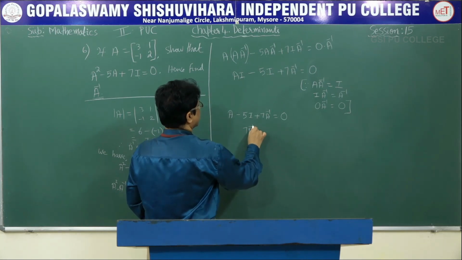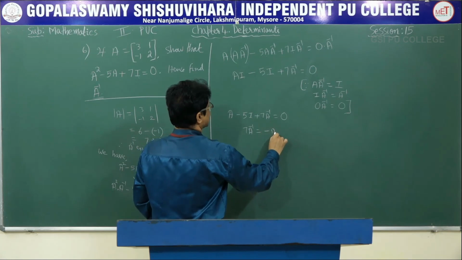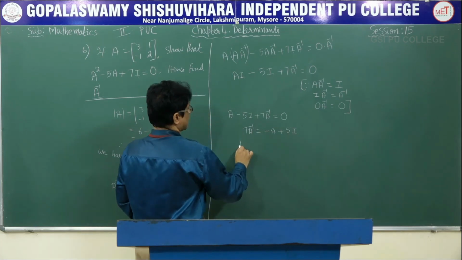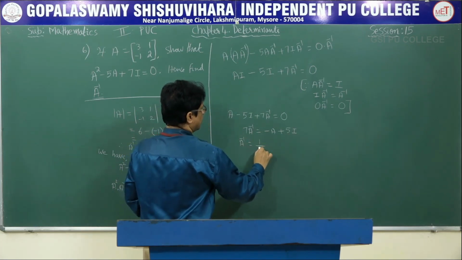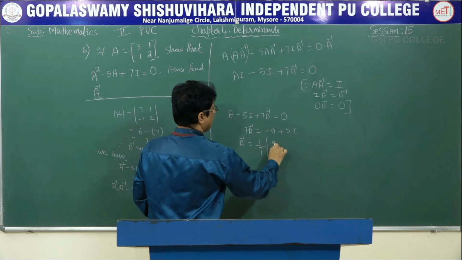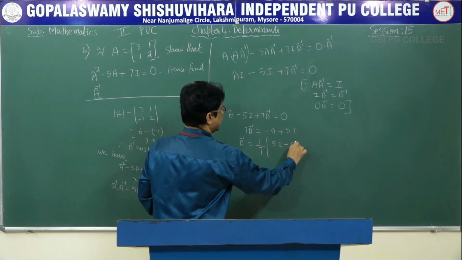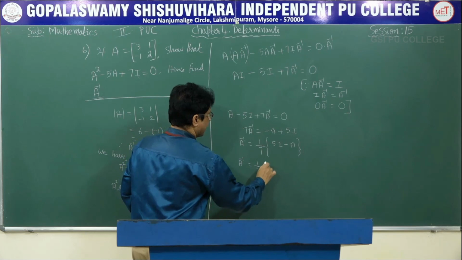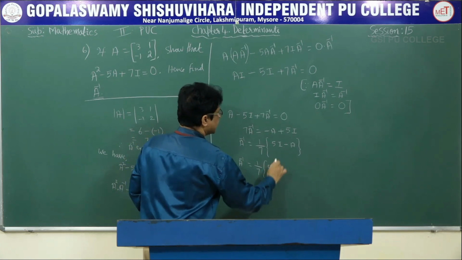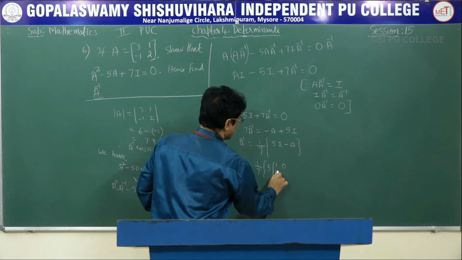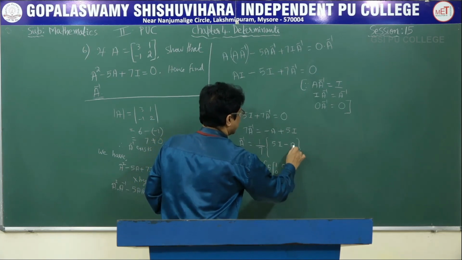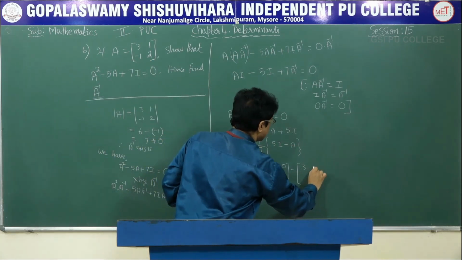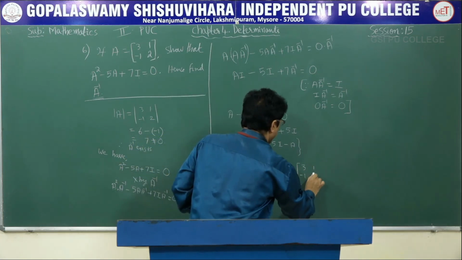So 7A inverse is equal to minus A plus 5I. So A inverse is equal to 1 by 7 into 5I minus A. So A inverse is equal to 1 by 7 into 5 into I. I is the identity matrix 1, 0, 0, 1 minus A. A is the given matrix 3, 1, minus 1, 2.